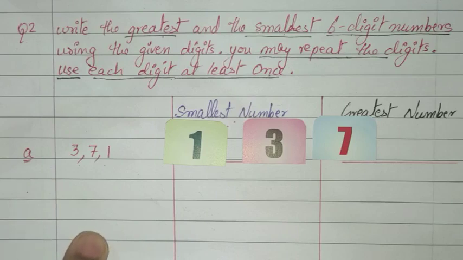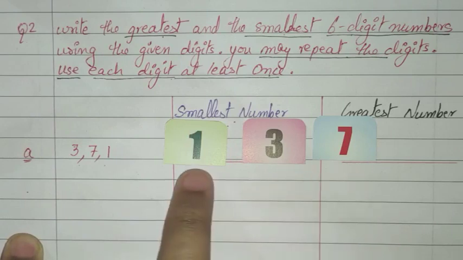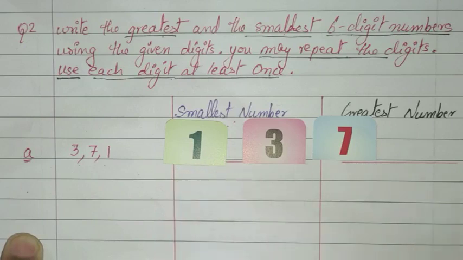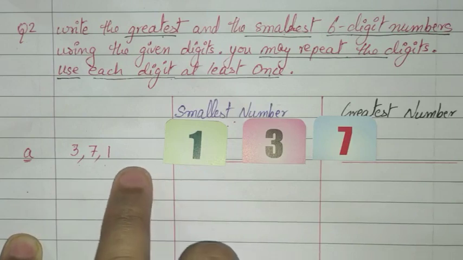You have to repeat the smallest digit because you have to form the smallest number. Which one is the smallest digit here? 1. You have to repeat 1. How many times? Three times, on the extreme left.